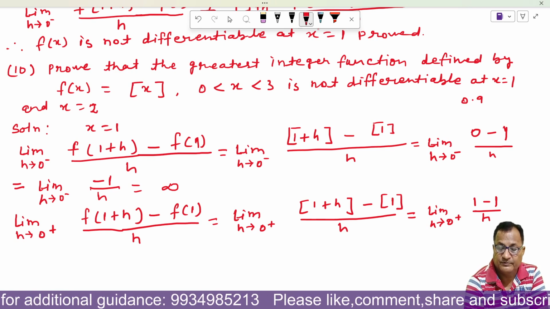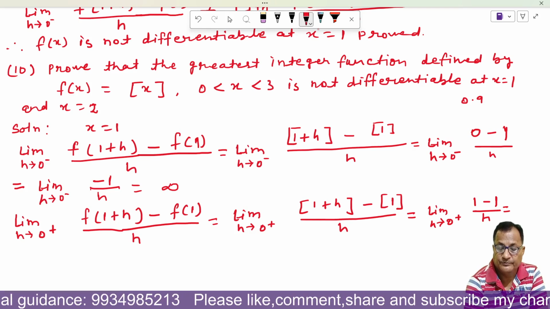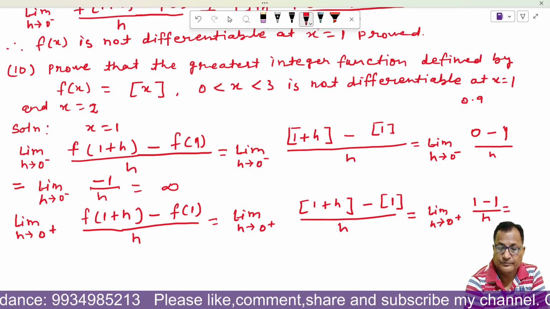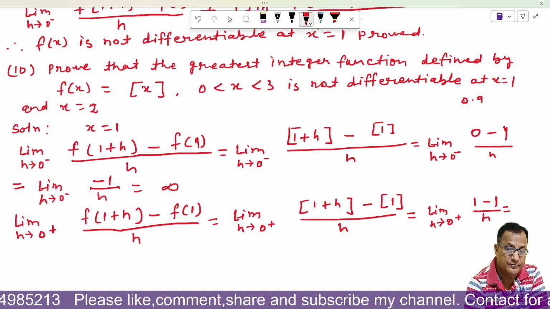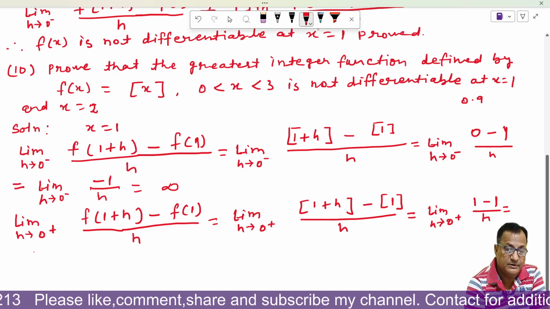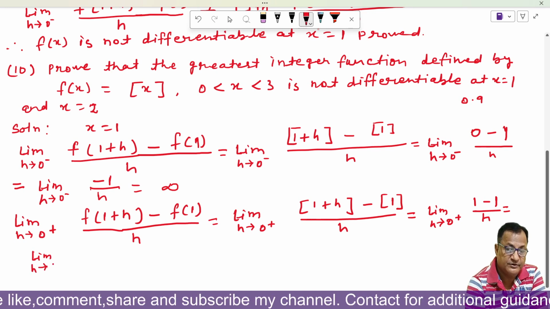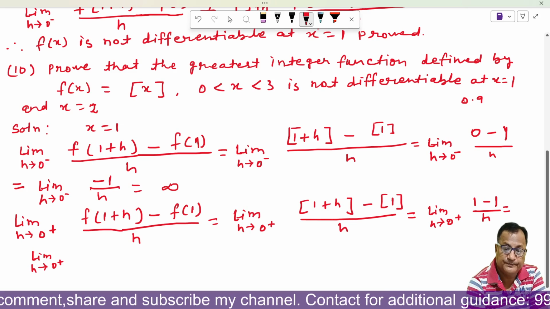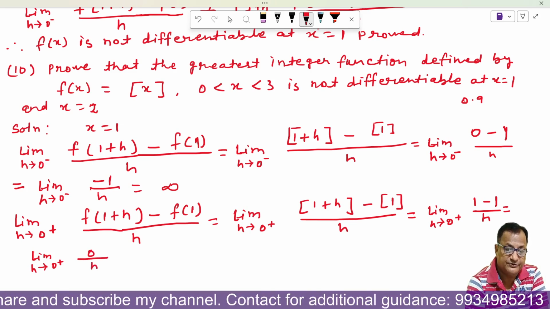So this will be 0. This will be limit h tends to 0 plus, 0 by h.